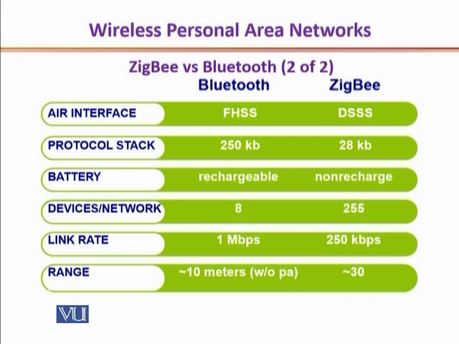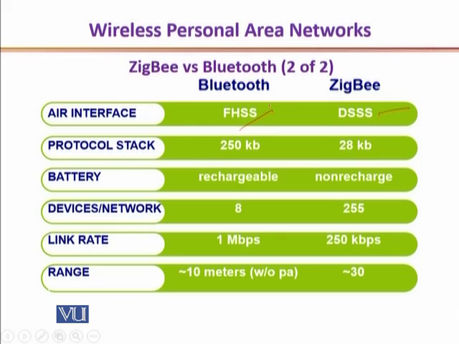not possible because both of these technologies have different application areas, but certain technological features can be compared. For instance, Zigbee is based on direct sequence spread spectrum, whereas Bluetooth is based on frequency hopping.